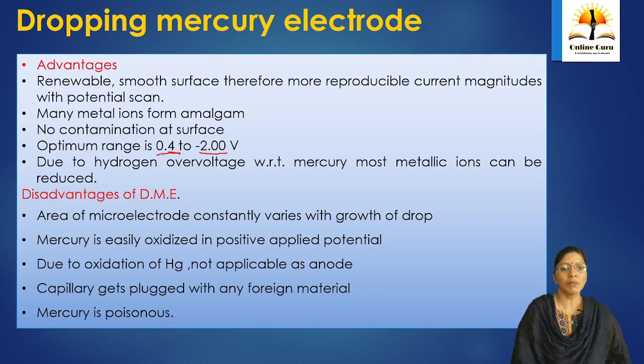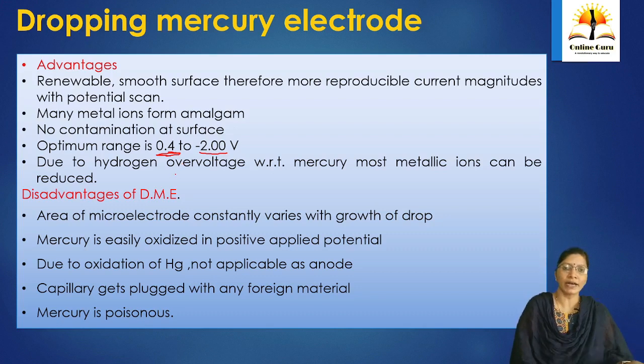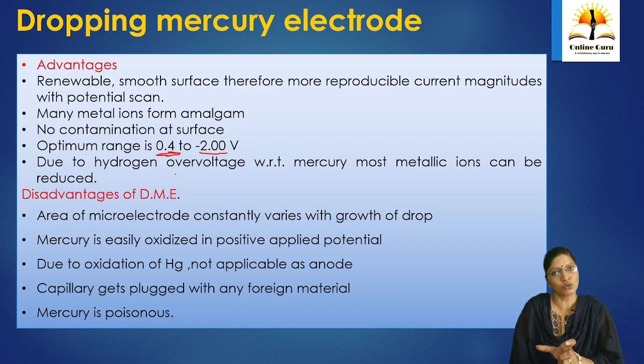But see, it will be applied only up to plus 0.4 volt. Why? What must be the reason? As you go for a positive scan, that is, if potential is scanned in the positive direction, what is the phenomenon? Oxidation. So mercury itself can get oxidized to Hg1 or Hg2 form.